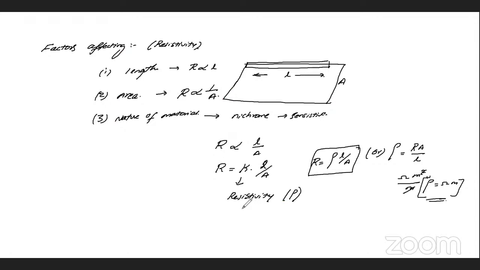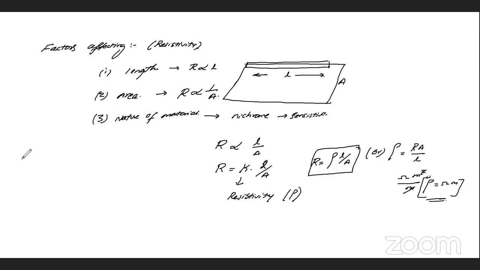So when we have resistance and resistivity, there is a term called conductance and conductivity. Conductance is the opposite of resistance. Resistance tries to oppose the flow of charges, while conductance allows the electric charges to flow through it.